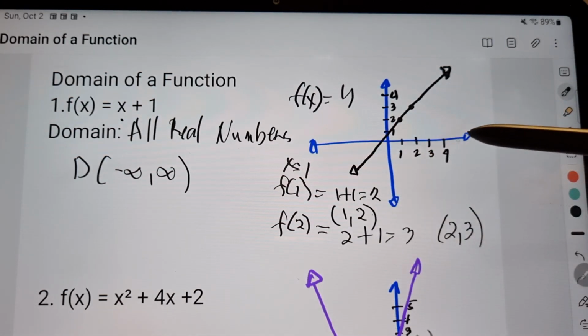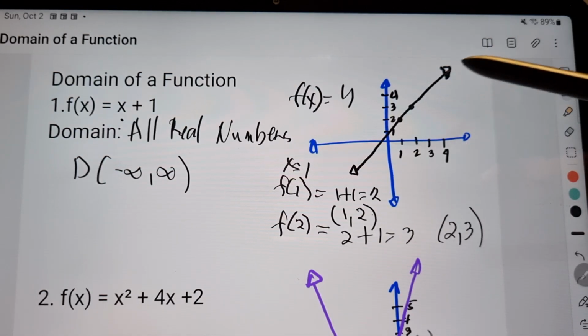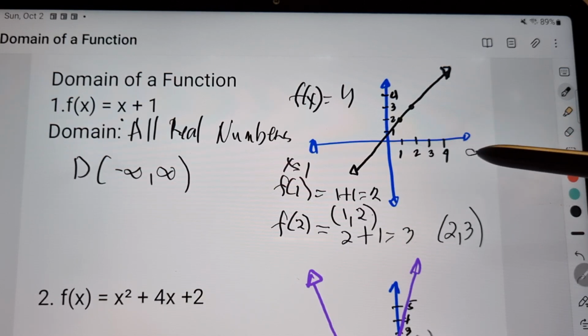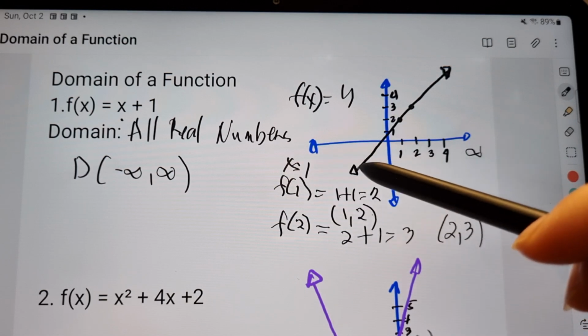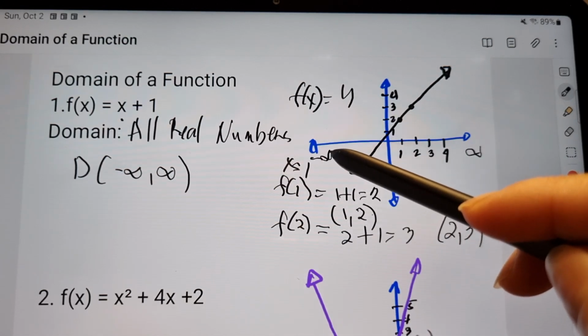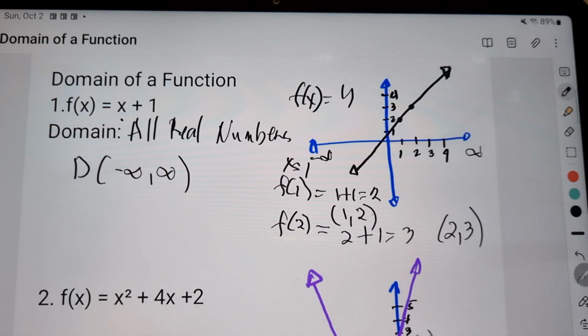Which means na kung i-increase ko yung value ng x ko dito, ma-extend lang yung graph. So wala siyang limit. That's why it is up to positive infinity. Now, on the side, ito naman, pag in-extend natin ng ganyan, wala rin siyang limit, so it means up to negative infinity. It means ang domain or ang x, pwede tayo mag-substitute ng all real numbers.